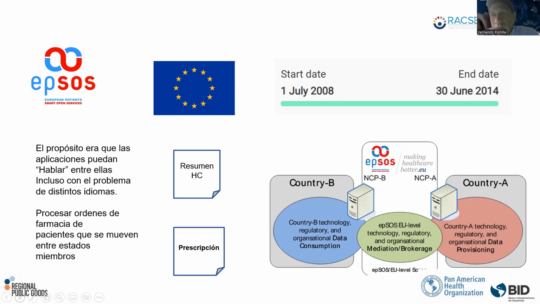This was a project in which the European Union countries started talking about the need for the citizens in the member states, given the high mobility levels, to have a kind of medical summary that could be consulted within the different countries, but also to provide the necessary support for processes like medical prescriptions. So if a patient has a prescription in a given country, they should be able to use that in another country within the EU.